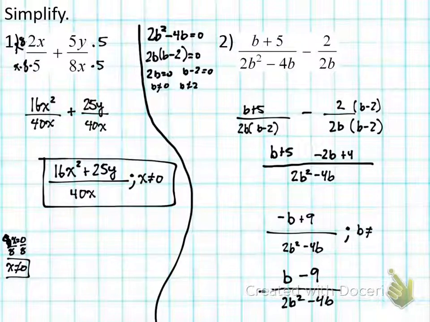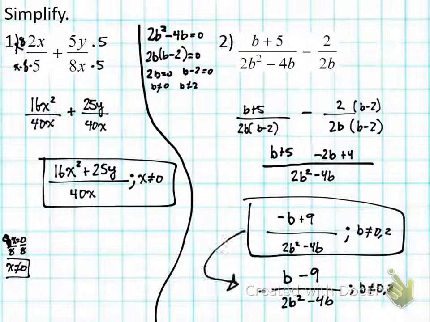We want to add our excluded values here. So this answer here that's boxed is an appropriate answer, and this is an appropriate answer. These are both equivalent answers. Okay, so I just want you to know that they're both correct. So just be ready for either one. Okay. All I'm doing in this one is moving the negative sign to the front.